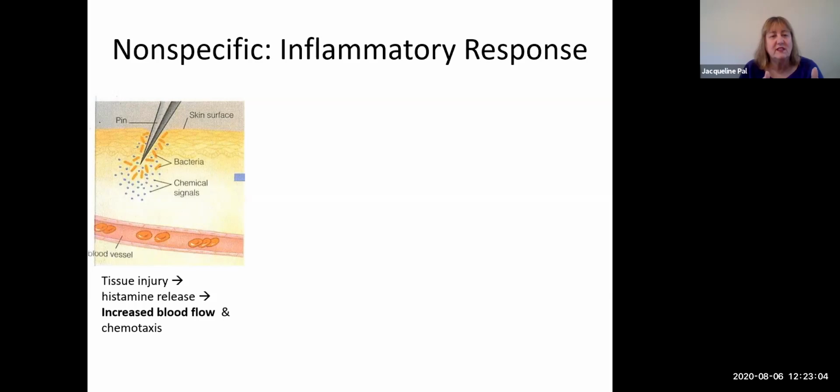So we start with tissue injury. One of the factors released by damaged tissue is histamine. Yes, the same stuff that is found in basophils, but you don't have to damage a basophil, because remember, basophils are in the tissues as mast cells, and those mast cells have histamine.